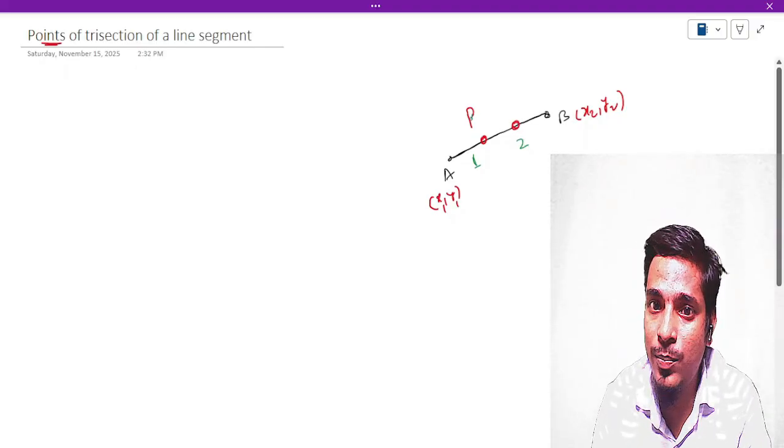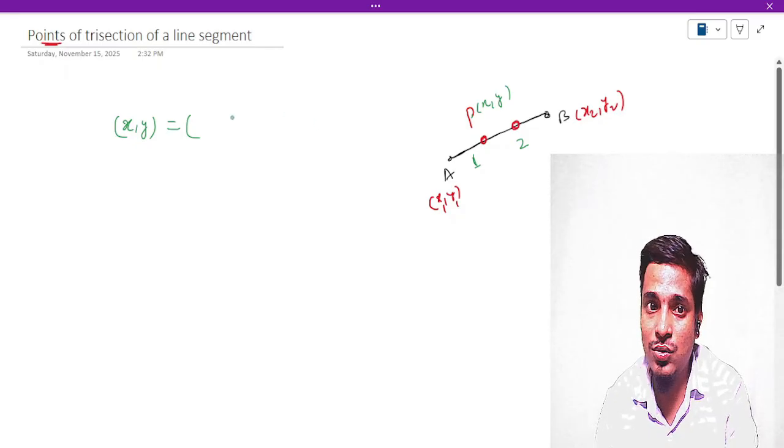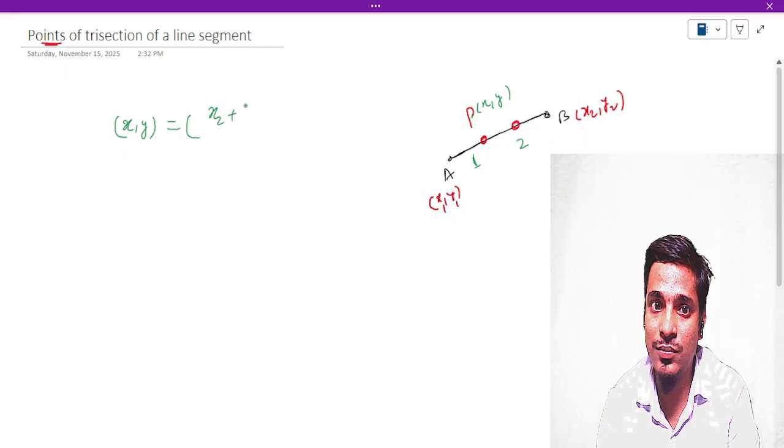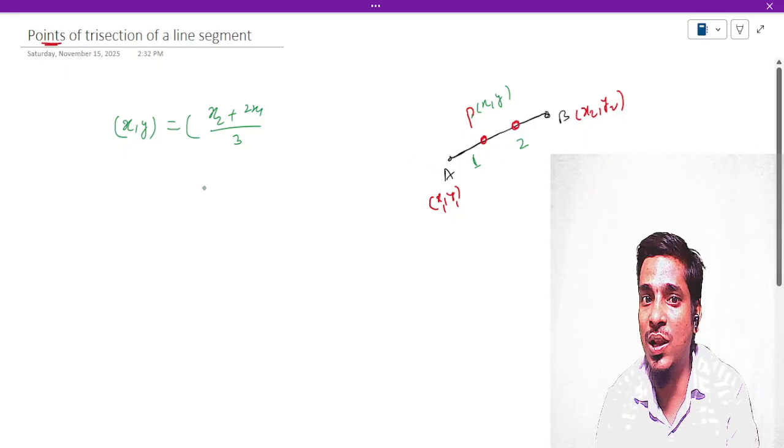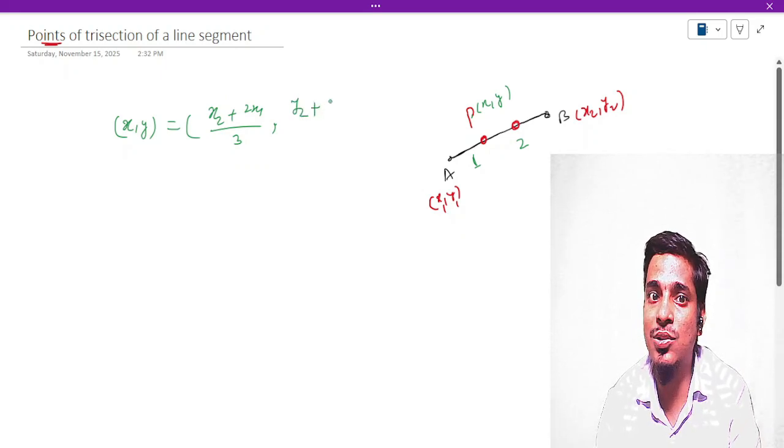So if the point P is (x, y), with the help of the section formula, you can say that (x, y) is equal to what? 1 times x2 plus 2 times x1 divided by 2 plus 1, which is 3. Same way, y2 plus 2 times y1 divided by 3.